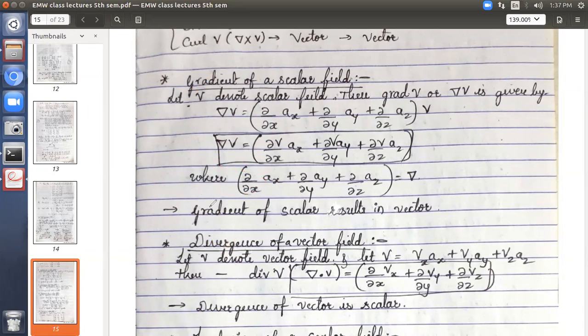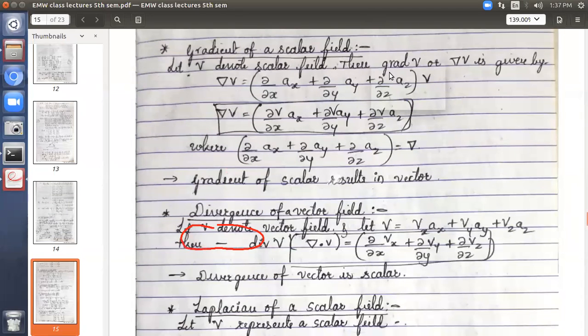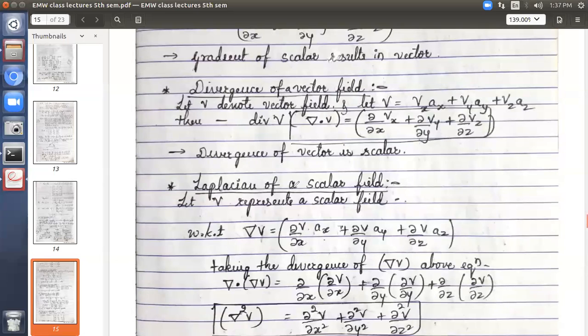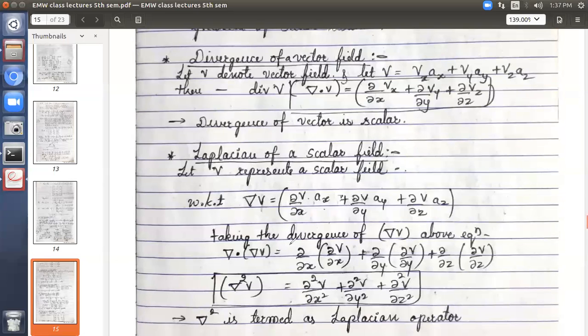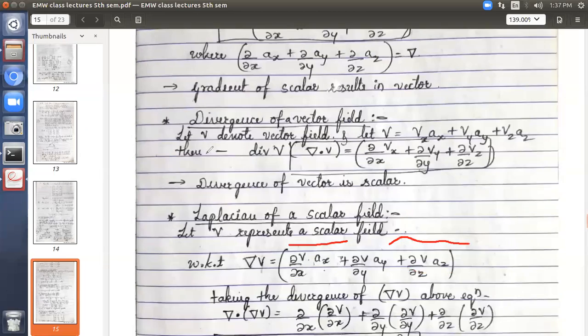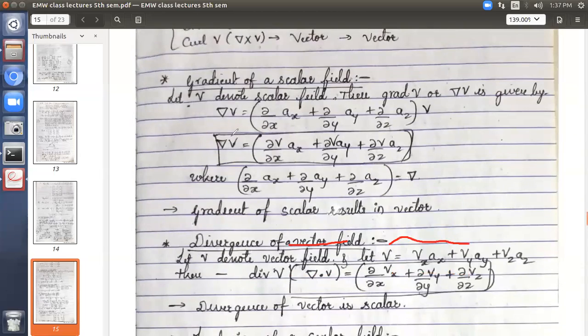Now, if we apply, you can see in Laplace what we do. In Laplacian, we apply divergence for this, divergence of gradient. Whatever answer we got in gradient, for this, we are applying this concept.